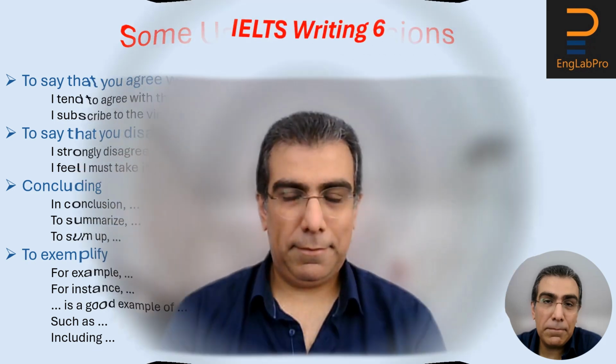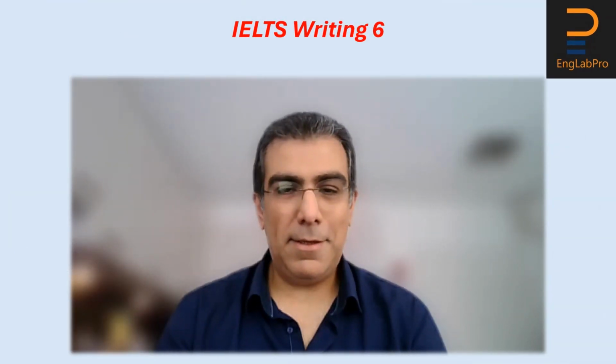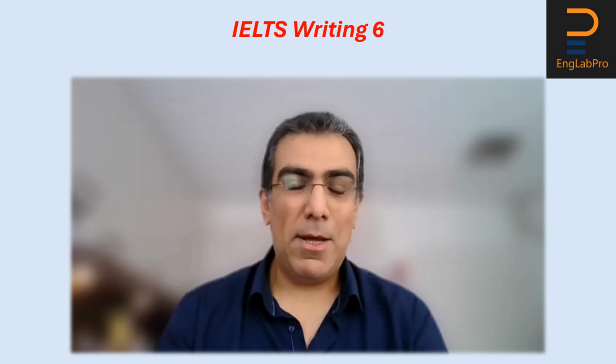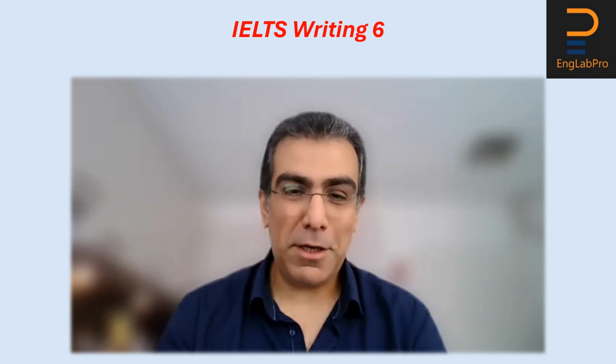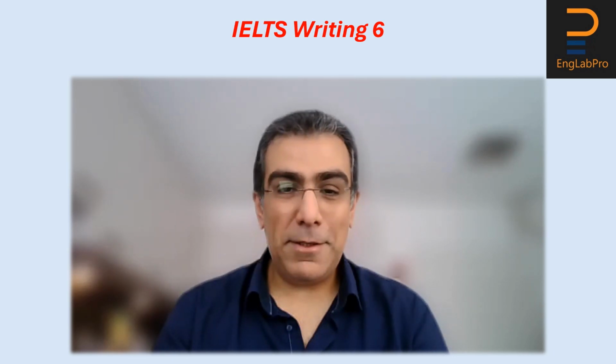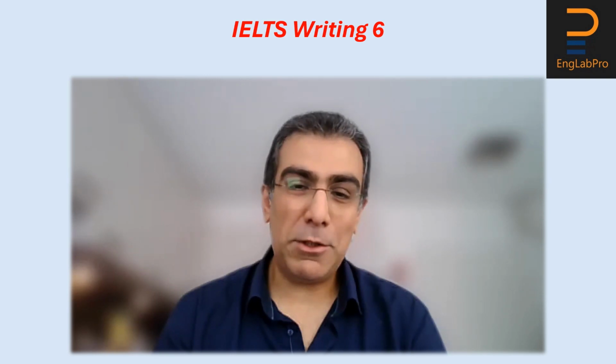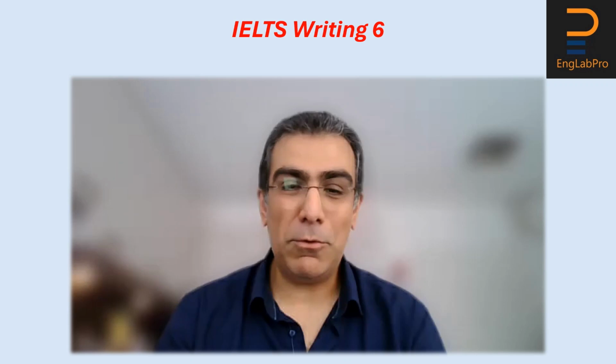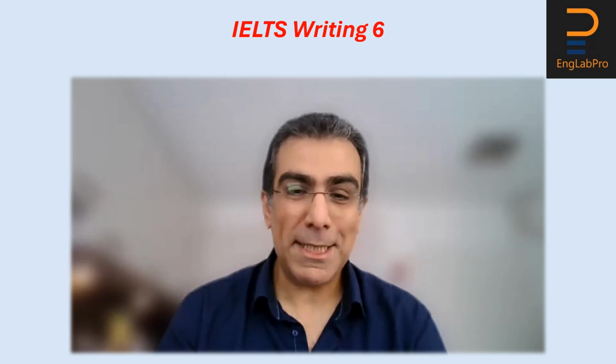Let's summarize what you learned in this lesson. Well, we have 4 different types of task 2 questions. Here we learn the first type, which is agree or disagree. We should answer this type of questions in 4 paragraphs. The first paragraph is the introduction, which contains the paraphrase of the question plus your view, I mean whether you agree or disagree with it.